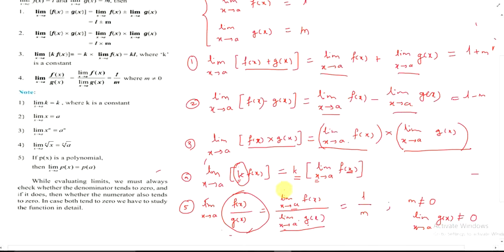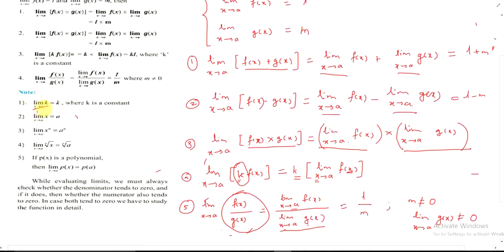Now here there are some rules, or properties, given for the limit according to the above results, which are very necessary whenever we solve examples, and which are very easy and very important also.